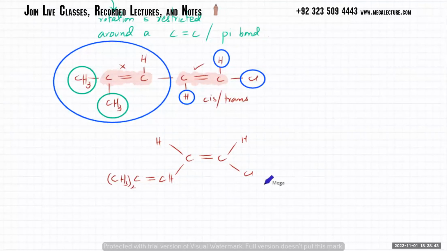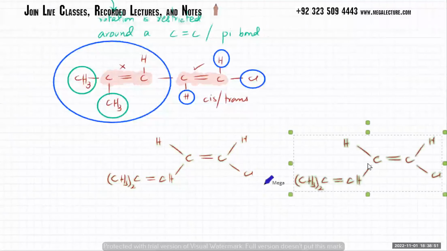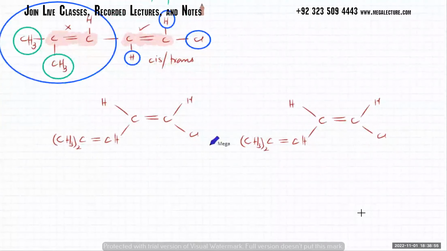Okay, so that's one version of the molecule, and there's going to be another version of the same molecule. Which version is this one, cis or trans? Left one. This one is cis.